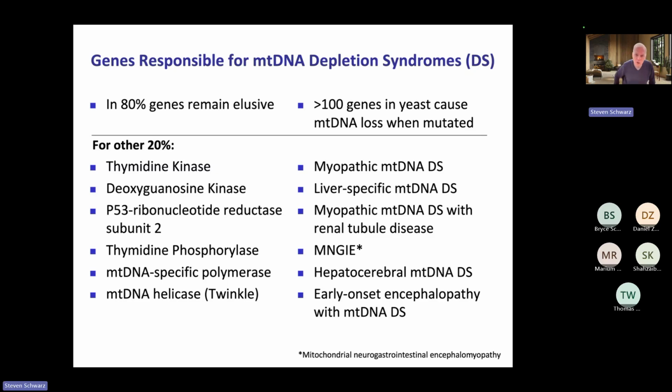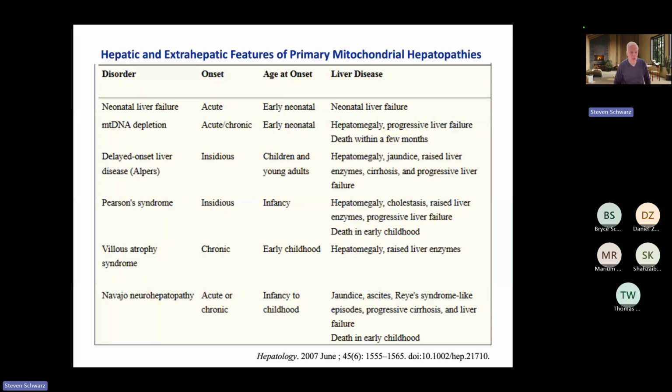If we're going to look at the hepatic and extrahepatic features, again, we talked about neonatal liver failure, the poorly described, poorly delineated overall mitochondrial depletion syndrome, which leads to early neonatal progressive liver failure. And again, this has to be differentiated from neonatal iron storage disease.